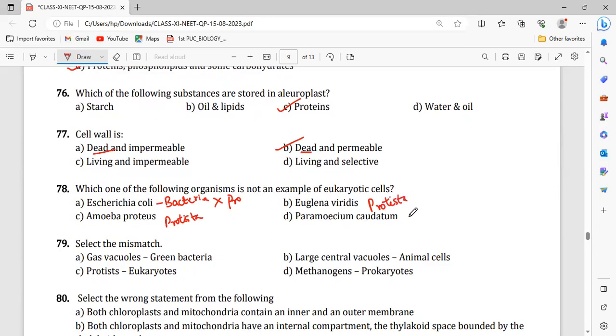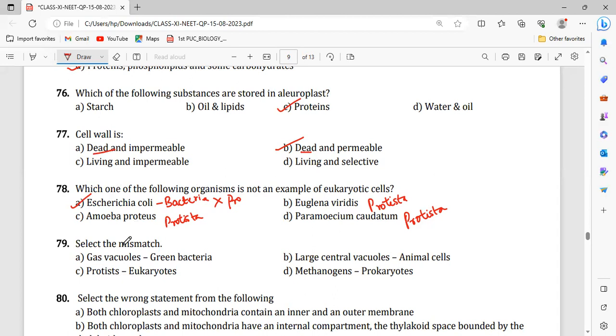Then Paramecium caudatum also belong to Protista. Protista are eukaryotic and bacteria is prokaryotic. Answer is A.